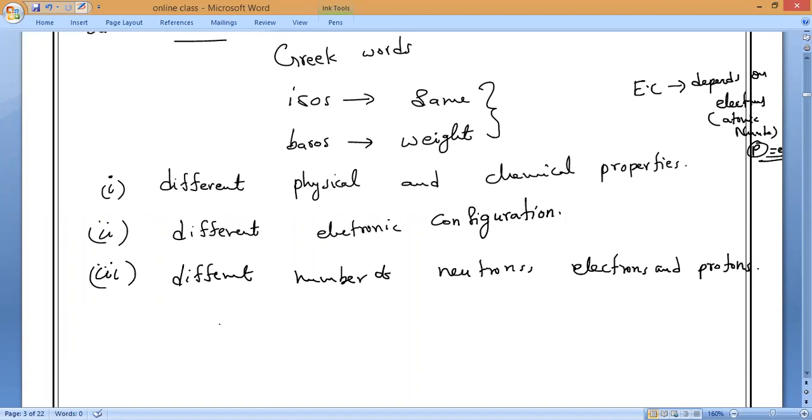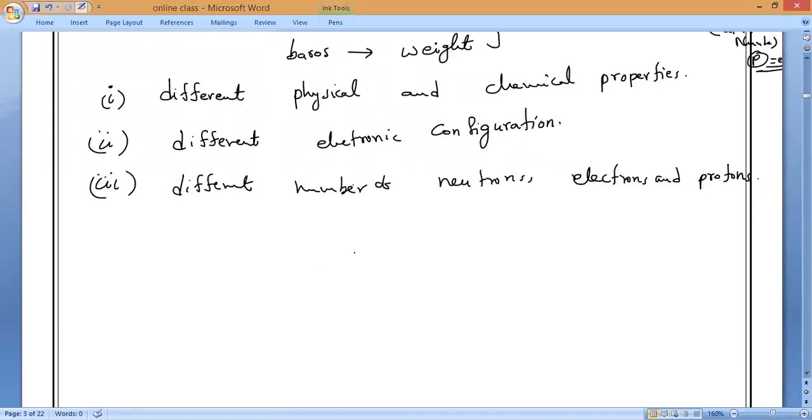Now nucleons. What do you mean by nucleons? Who is called nucleons? Two things together we call nucleons: protons and neutrons. Let me take an example.